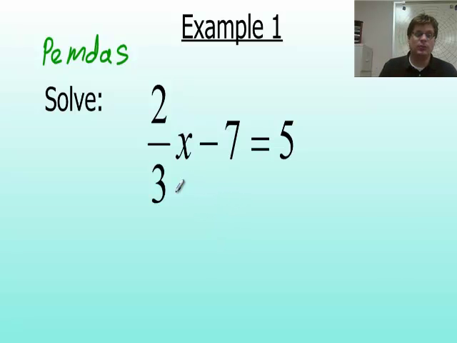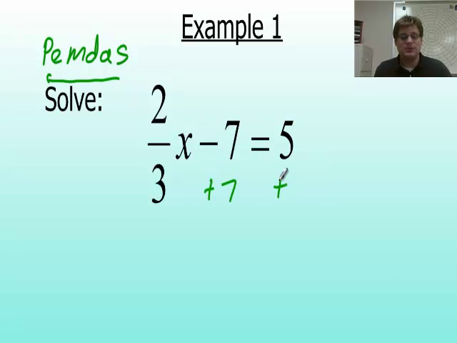Because we're multiplying the x by 2/3 and subtracting the 7, SADMAP tells us that we're going to cancel out anything we're subtracting or adding. Because we're doing the opposite operation, we're going to add the 7 to both sides. This is going to leave us with 2/3 x equals 12.